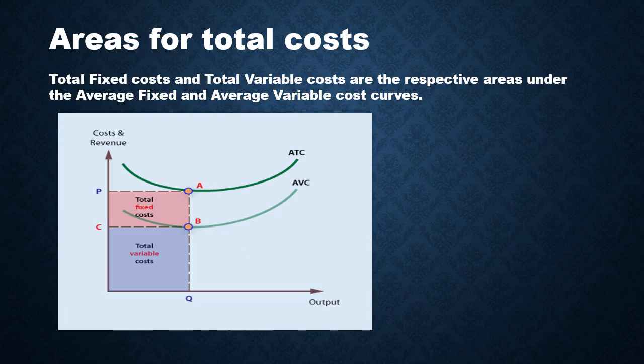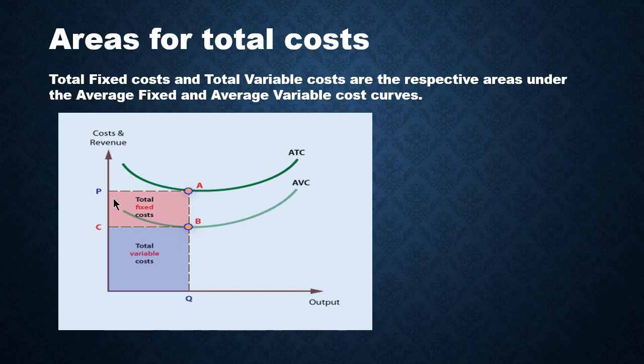The areas for total cost. Total fixed cost and total variable cost are the respective areas under the average fixed and average variable cost curves. Here I already explained to you about the average total cost and the average variable cost.